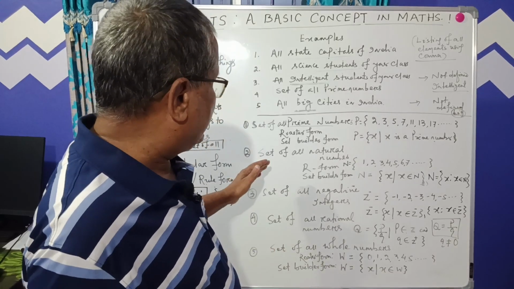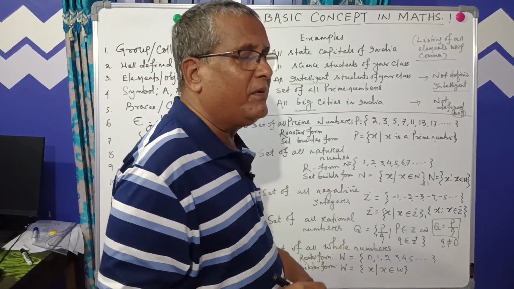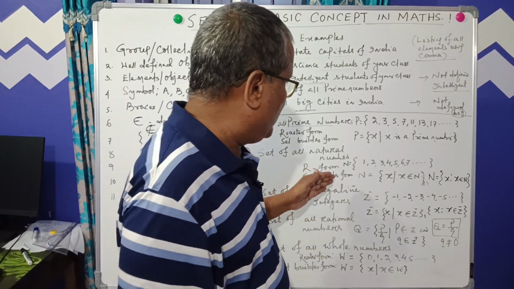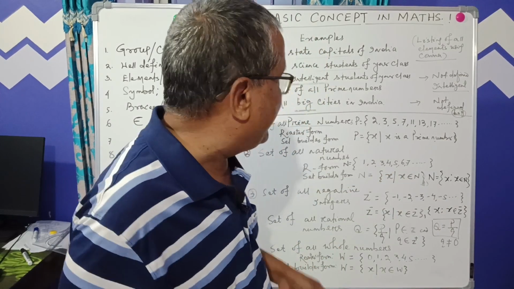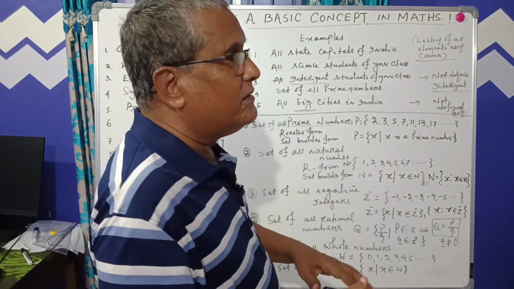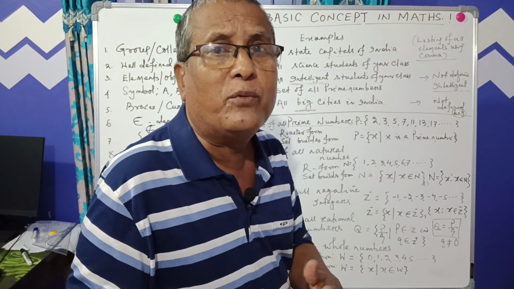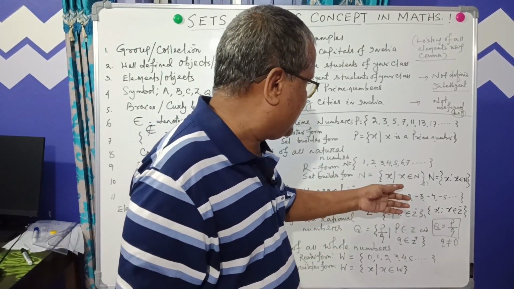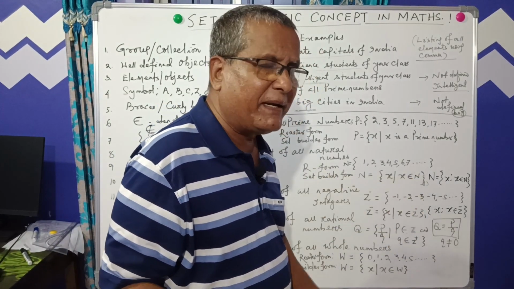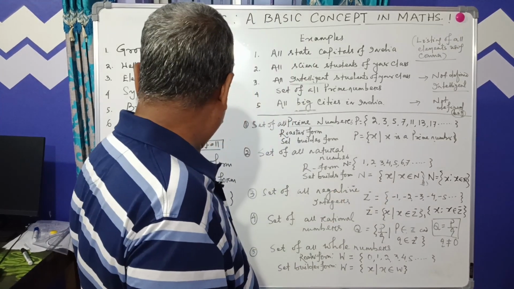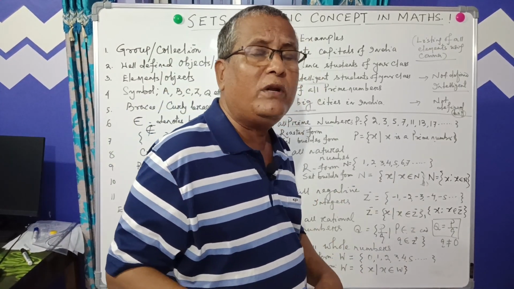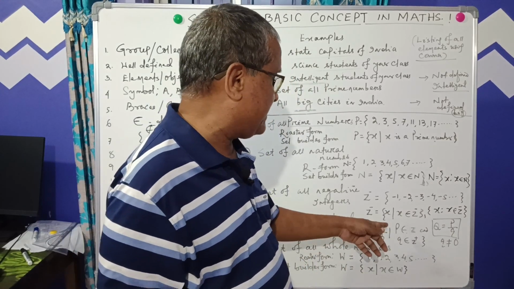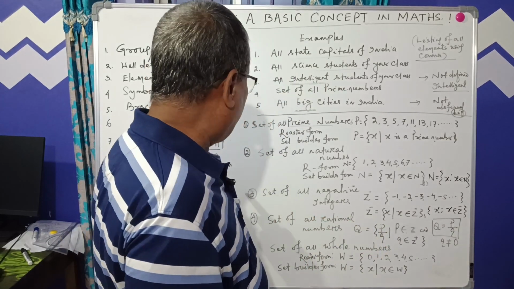The other is set builder form, called rule form, in which we apply a rule that clearly identifies the objects that are well defined. The logic or the rule is expressed in set builder form.